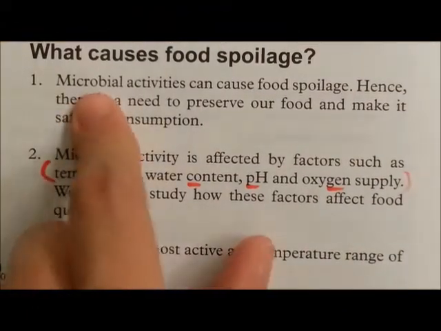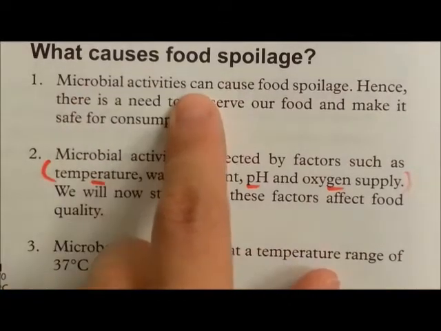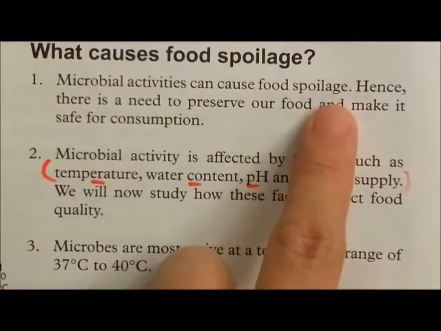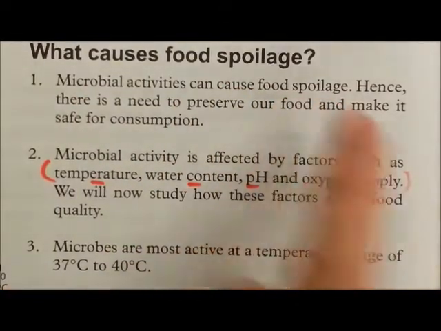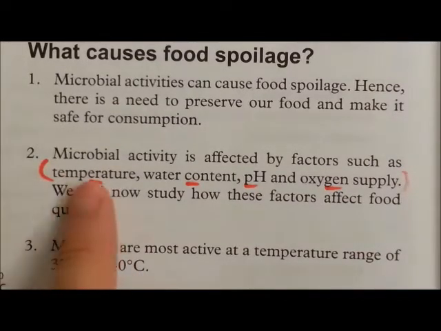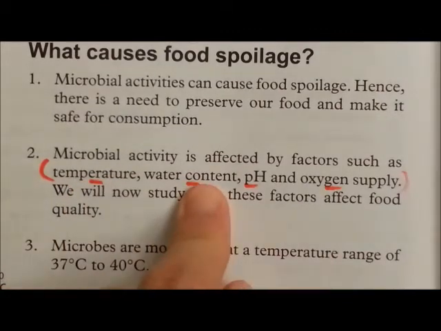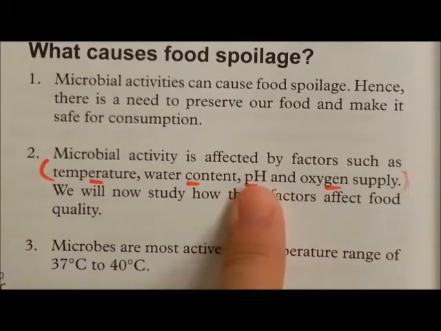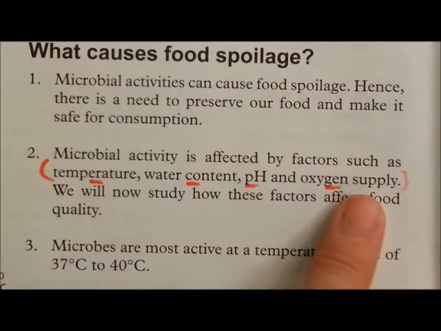Now, we have learned that microbial activities can cause food spoilage. The microbes are in the air, they're everywhere. But how do we reduce microbial activities? There are 4 factors we need to consider: the temperature, the water content, pH level, and oxygen supply.